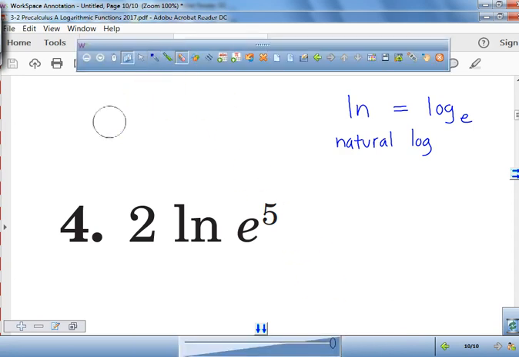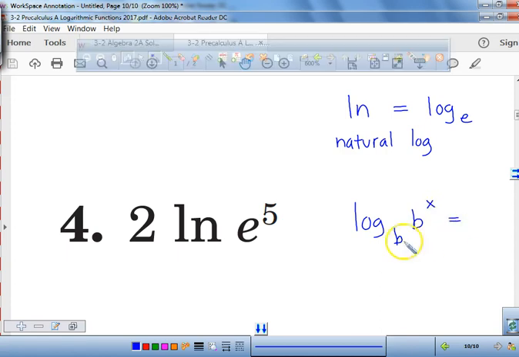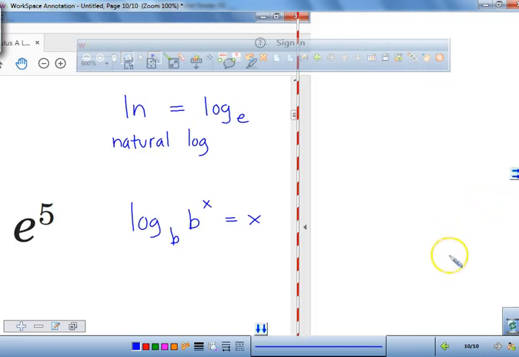Okay. Things you need to know about the natural log. If I were to write the log base b of b to the power of x, when these are the same base, your answer is just x. Now, yesterday we did something, all right?